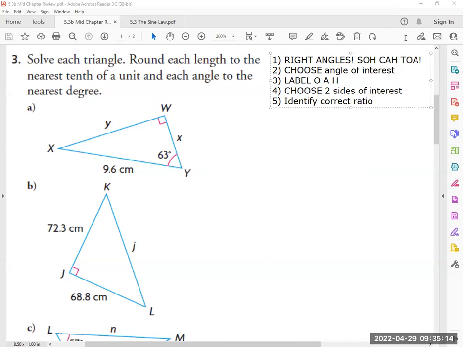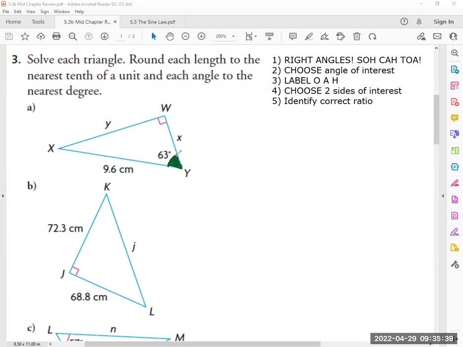Always. Here we go. Choose the angle of interest. Do you want to use this one, or do you want to use this one? And in case you forgot, you cannot choose the 90 degree angle. Okay, so which one do you want to choose? I hope you chose the 63 because they gave it to you.